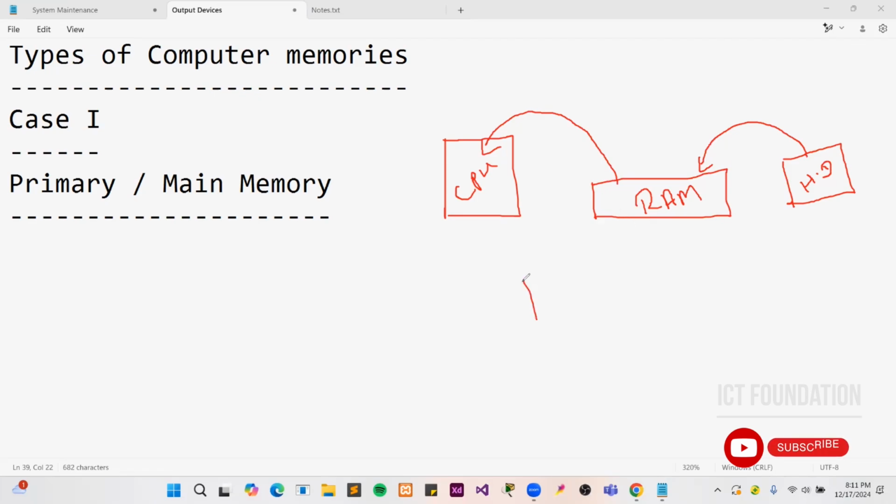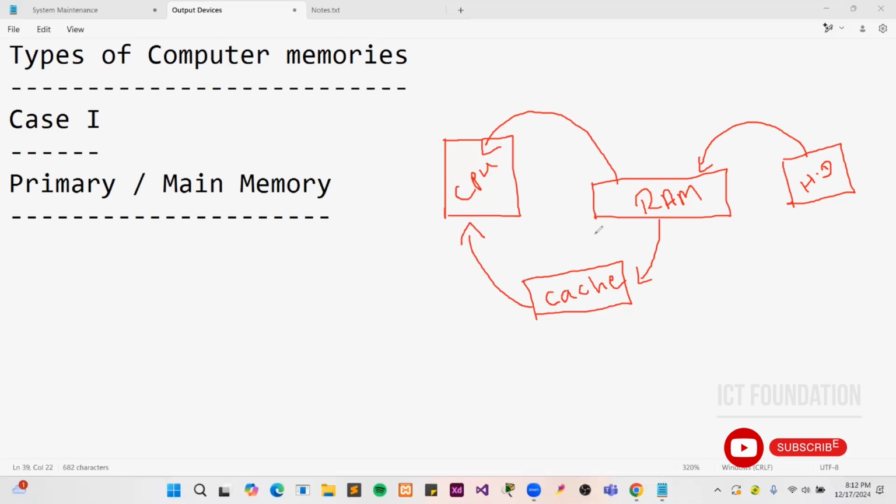As well, between the CPU and the RAM, we have a hardware memory called cache memory. Cache memory is a kind of memory which gets the data and information from the RAM and provides that data to the CPU. So this is the scenario.